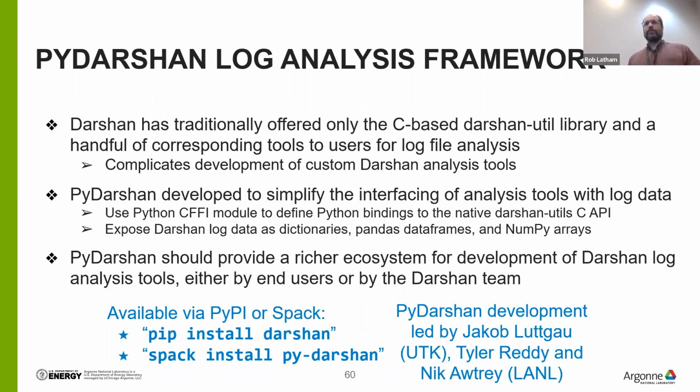So my Darshan colleagues worked on this new Python log framework so that we can apply Python scripts to Darshan logs and get information. It's living up on the pip world. You can pip install Darshan and get this working on your laptop, or install it as a user on the Polaris machine, like I did in my own home directory.